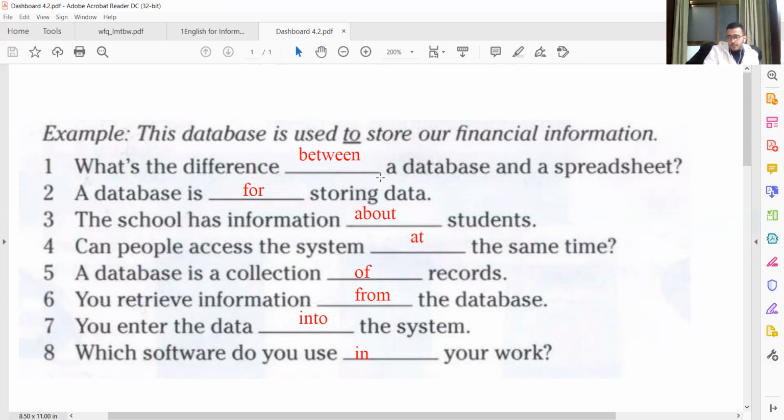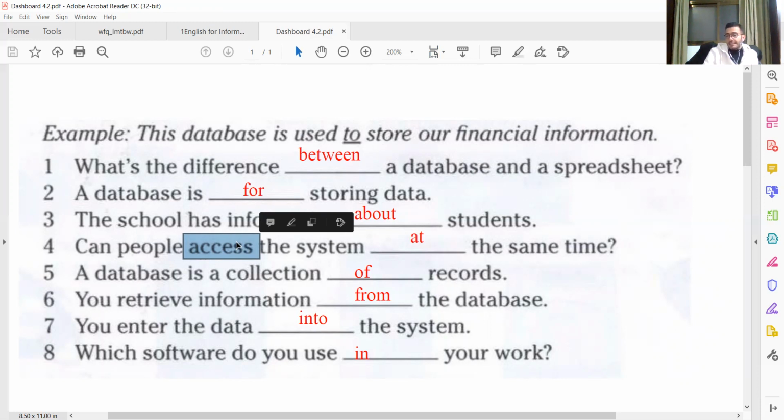Remember we said activity number 4 on the previous page we will do in the face-to-face lecture about stress. Remember? So see here the word access. If we said access, the same letters, it means a noun, meaning entry.